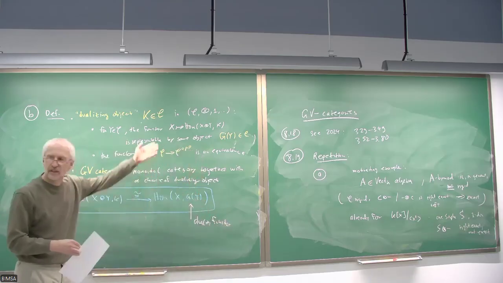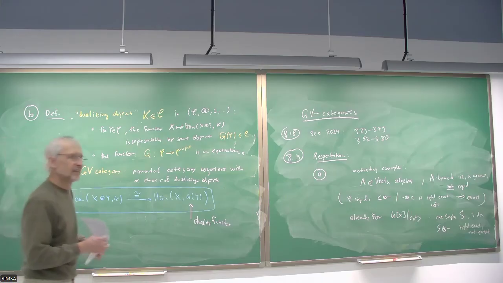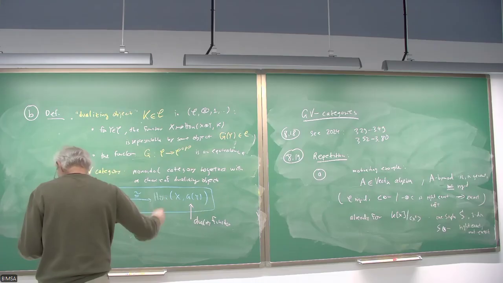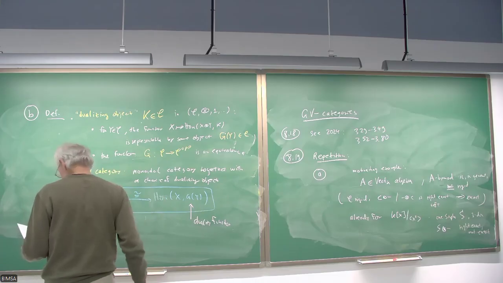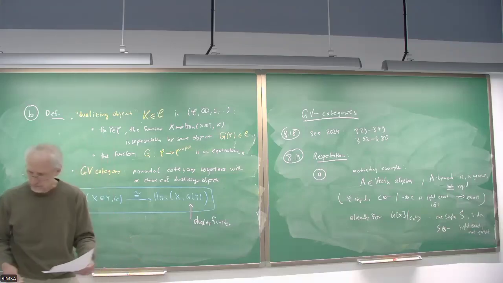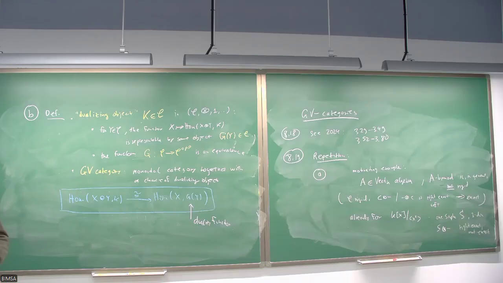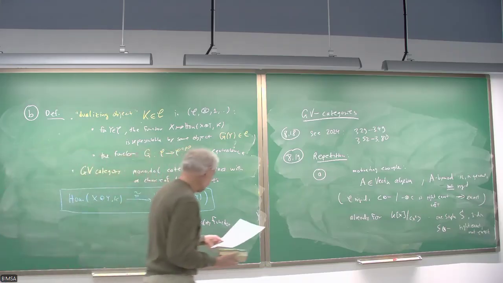Example: every rigid category is like that, where G is just a duality. Left or right. Actually, right, if we write it this way.